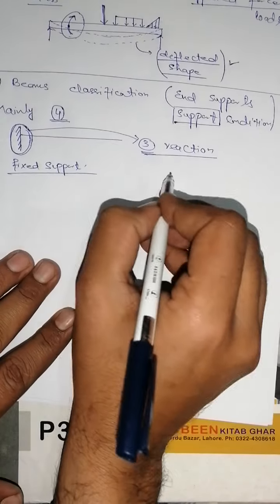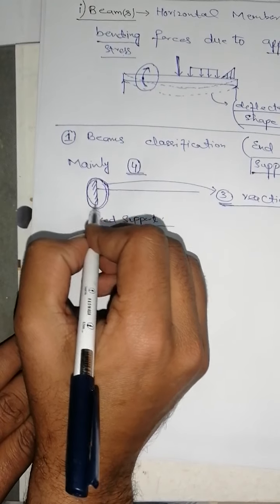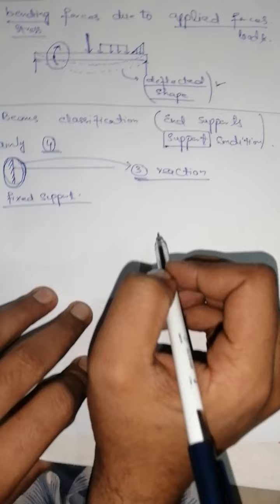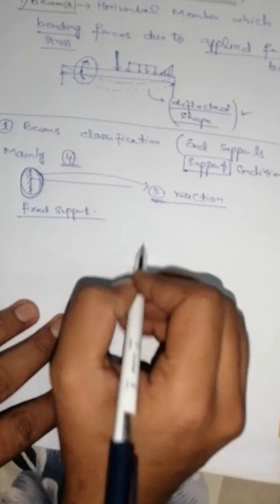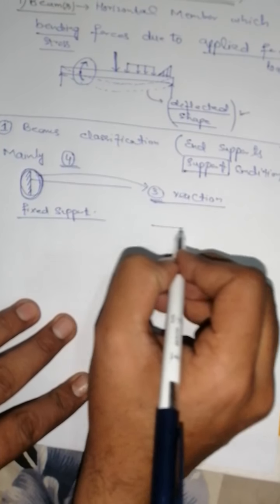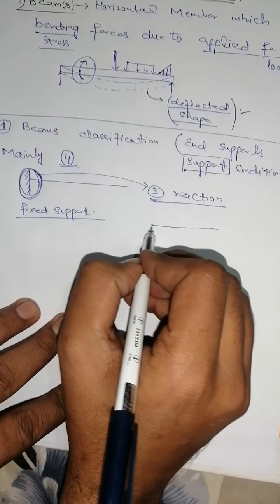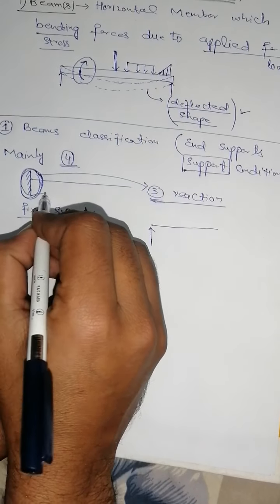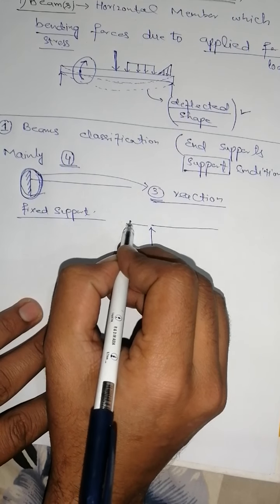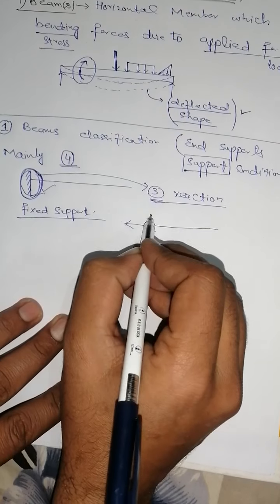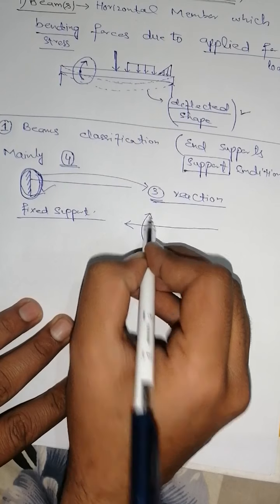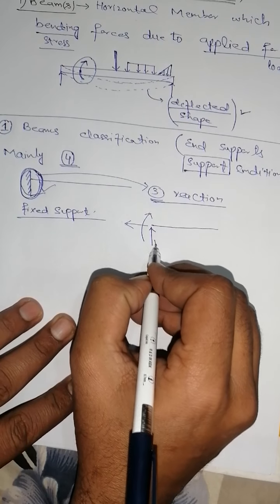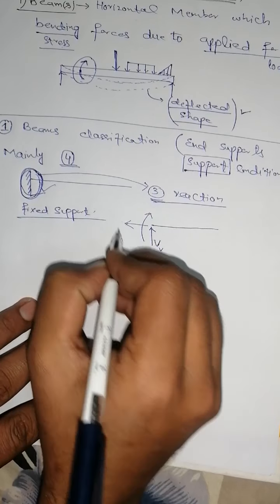Which type of reactions? Suppose we have this fixed support at this place in the member. The free body diagram will show the reactions. This is a vertical reaction of this support, this is a horizontal reaction of this support, and this is a moment reaction of this support.